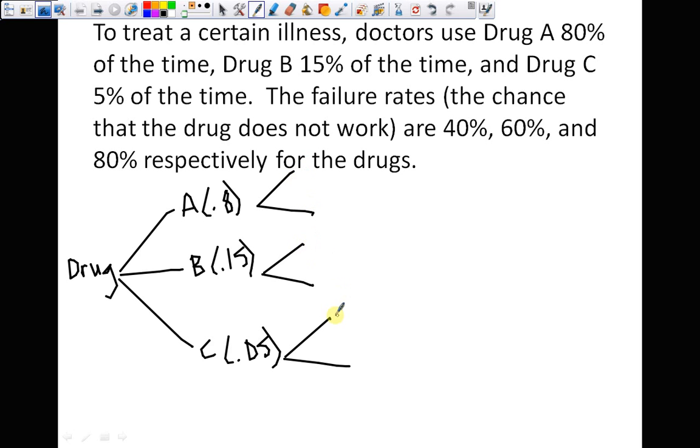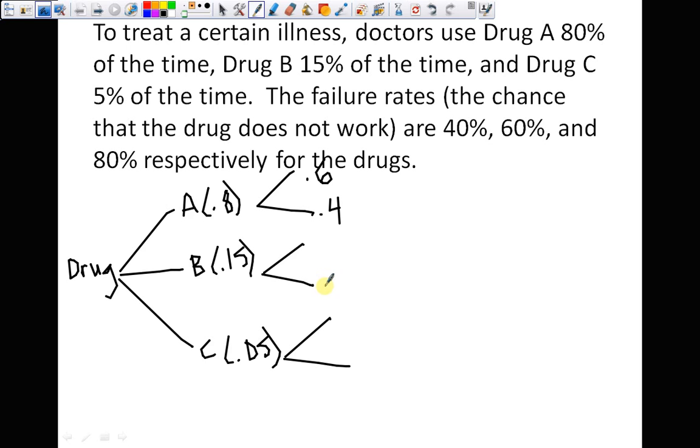So this works, and this works. And these are does not work, and does not work. So there's a 40% chance that this does not work, drug A. So that means that there's a 60% chance, the complement of 0.4, that it does work. If it's 40% chance that it does not, 60% chance that it does.